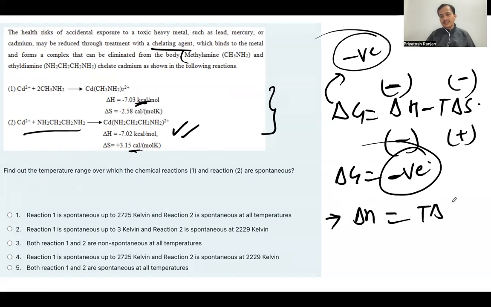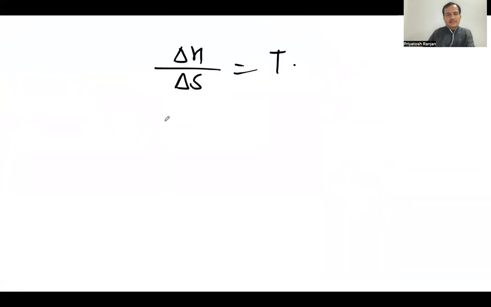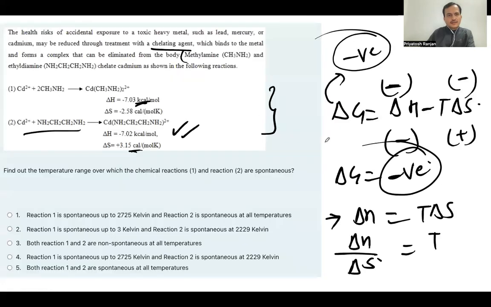Delta H equals T delta S. Under that condition, I can calculate temperature as delta H by delta S. We will calculate it for the first one: minus 7.03 kilocalorie, which I will convert into calories, divided by delta S, given as minus 2.58 calorie.